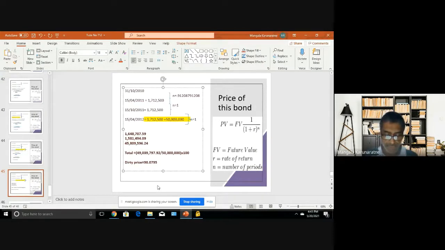So if you want to get the clean price, how do you get the clean price? You have to multiply this again. Why am I doing this? Because I just want to get the exact answer. Otherwise, you can straight away deduct the accrued interest from the dirty price and get the clean price.